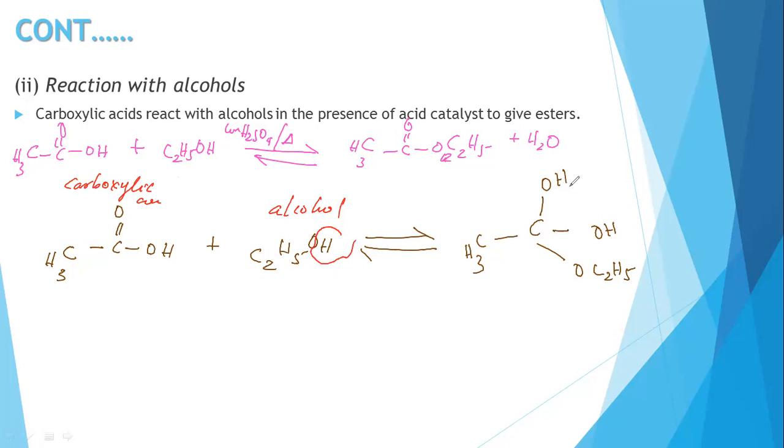They will form the OH group, right? And now you have the OC2H5, and this is able to form the tetrahedral. This is OH from the alcohol, and this whole part from the alcohol. Are you all clear?